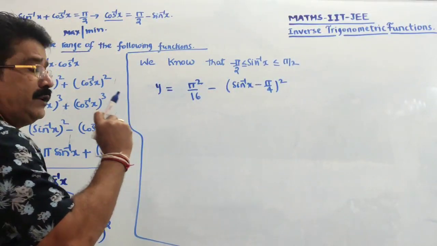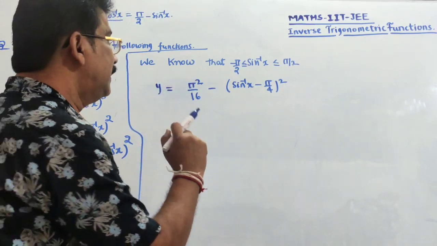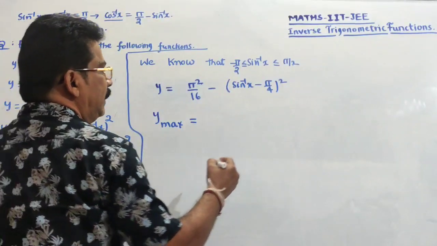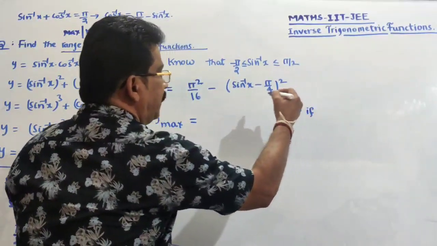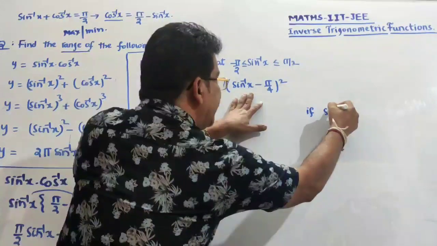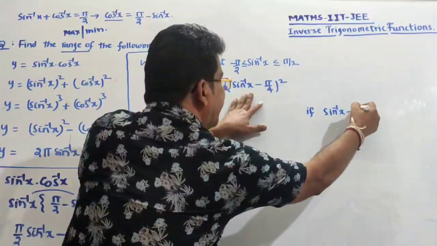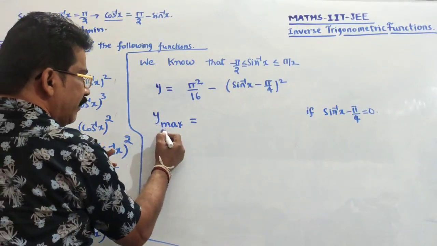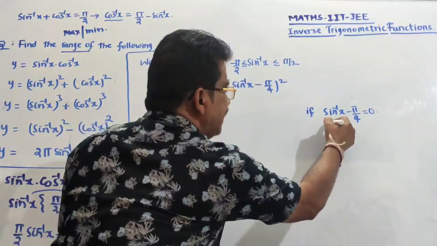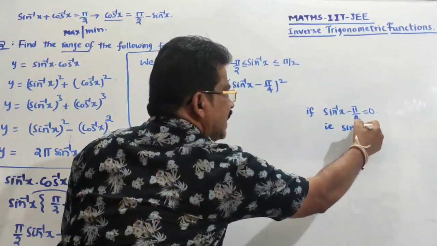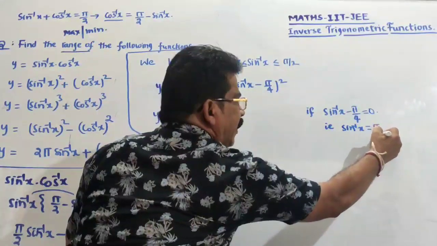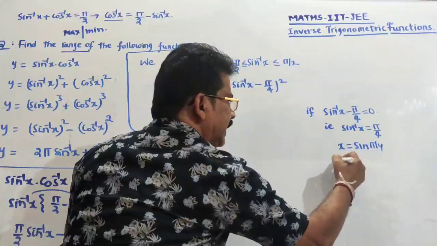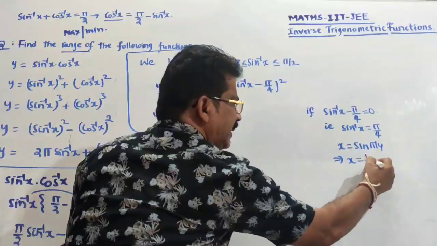So when do we get maximum for y? Y maximum if this value is equal to 0, means sin inverse x minus pi by 4 equal to 0, then y will be maximized. So what does it mean? That is sin inverse x equal to pi by 4, then x equal to sin of pi by 4, that implies x equal to 1 by root 2.